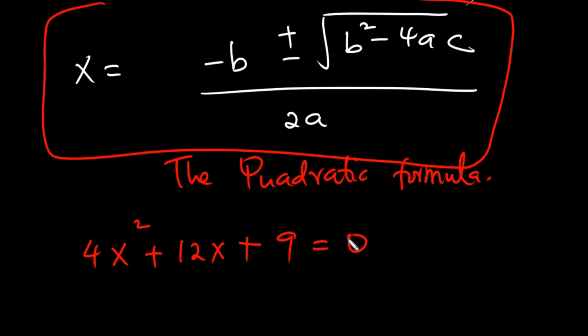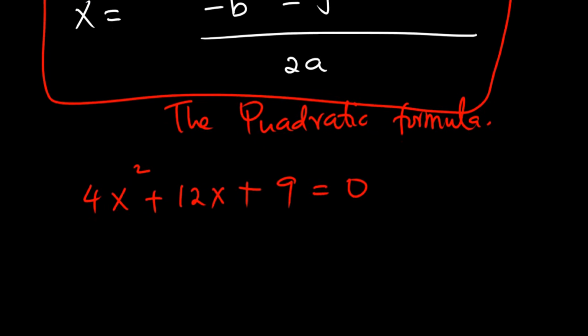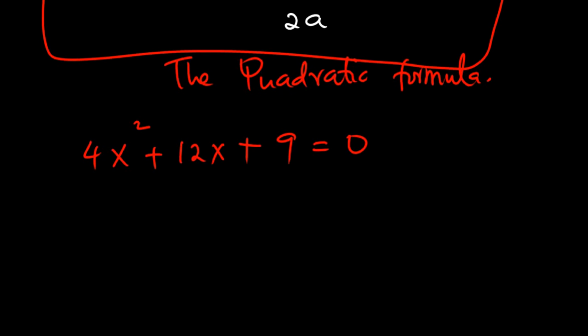And we are asked to use the quadratic formula to get the value of x. I know you can also use other methods, the factorization method and the completing the square method, but for this case, let's use the quadratic formula just to see whether it's going to work.